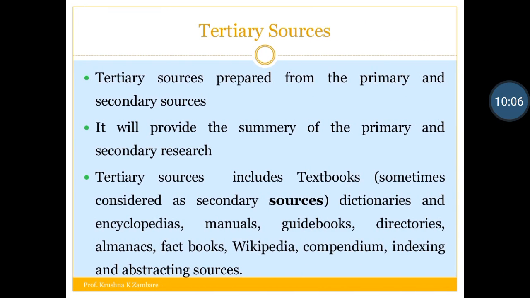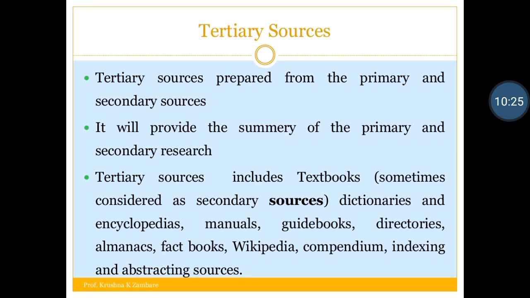Then tertiary sources. Tertiary sources are taken from the primary and secondary sources, but tertiary sources contain a very large or vast amount of information on a particular topic or subject. Tertiary sources are prepared from the primary and secondary sources.